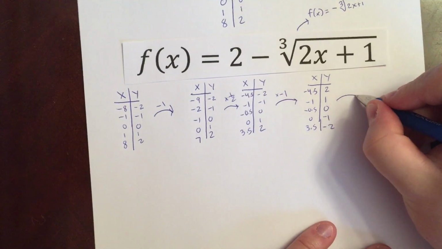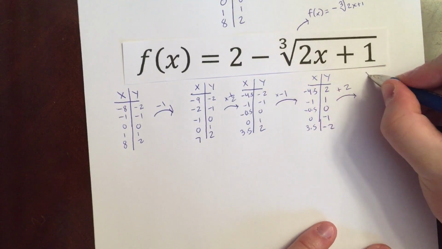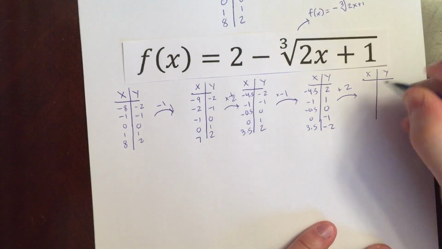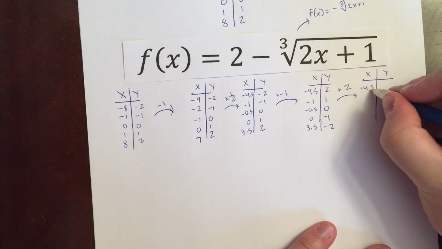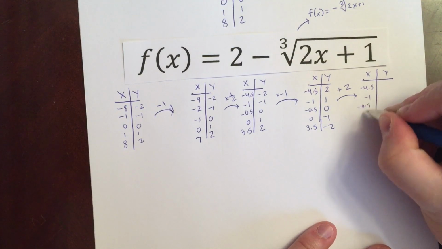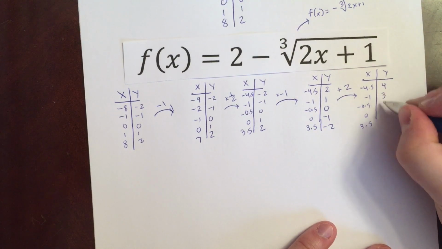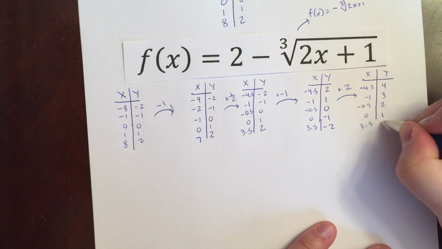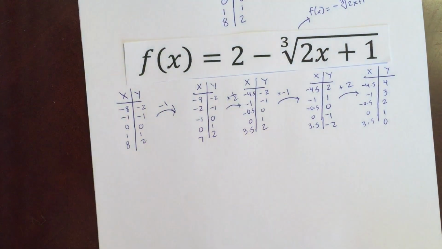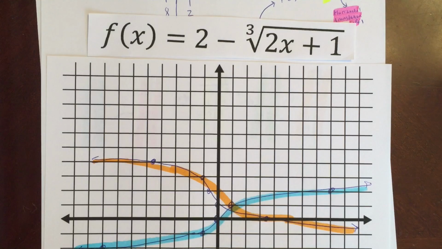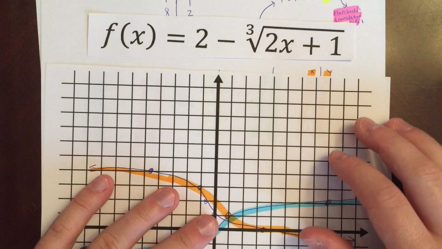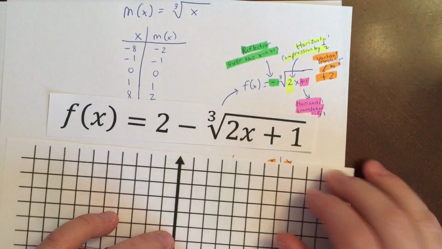And then we're going to add 2 to all the y values. So I get x: negative 4.5, negative 1, negative 0.5, 0, 3.5; y: 4, 3, 2, 1, 0. Our new values.